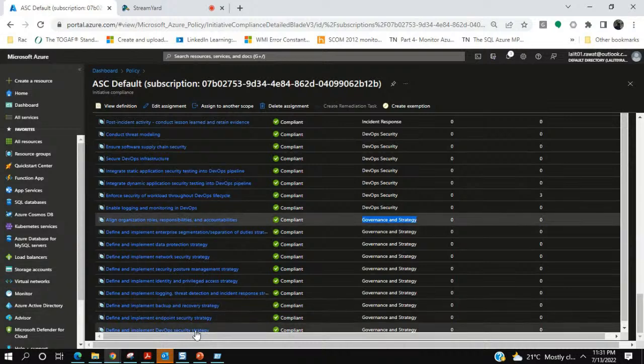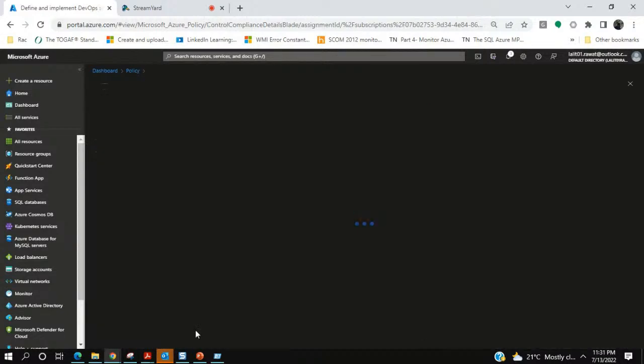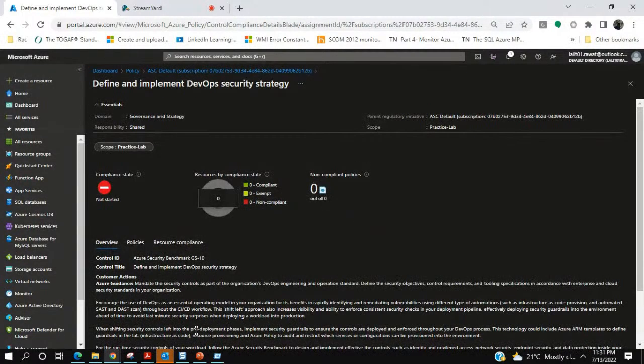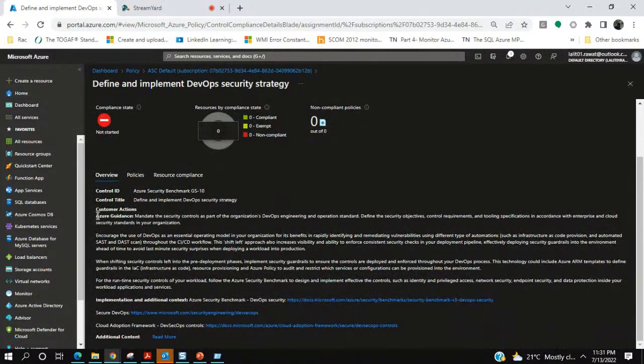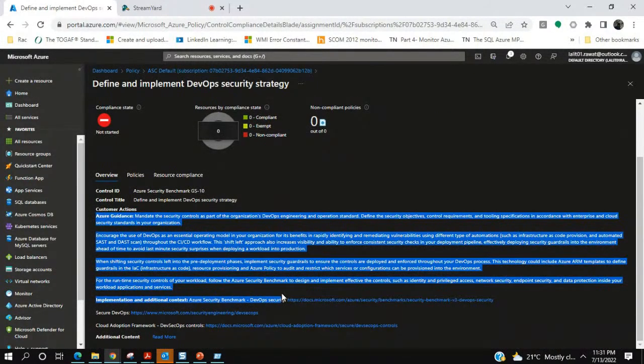All of those things are there. If I click on that, it's just the definitions. You can see these are the mandates and these are the links. So if you want to learn more about governance, these policies are the best place to start.